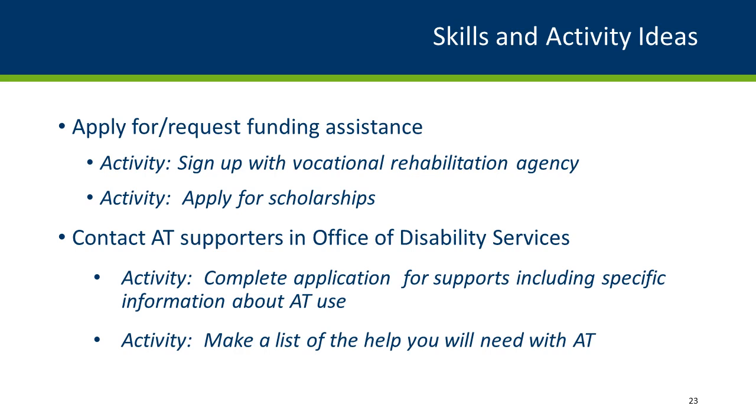In the K-12 area, there's skills, actually at any point, this can happen in post-secondary as well, but skills specifically and activity ideas that a student can do to support this indicator. I think really important is the ability to contact the Office of Disability Services, which is called different things in different campuses, but where they get their accommodation.